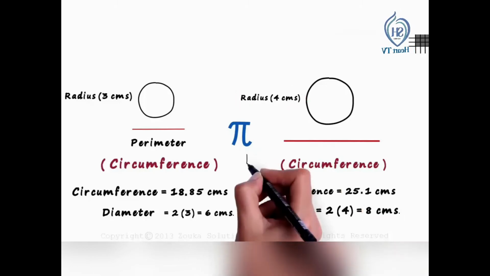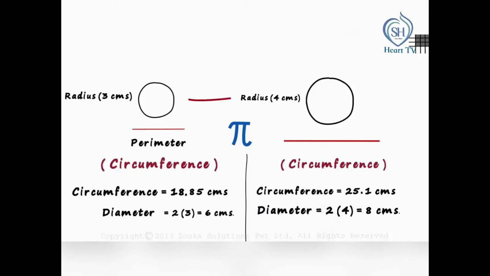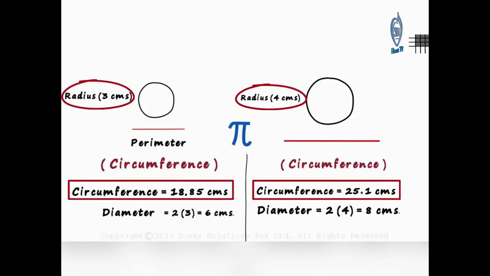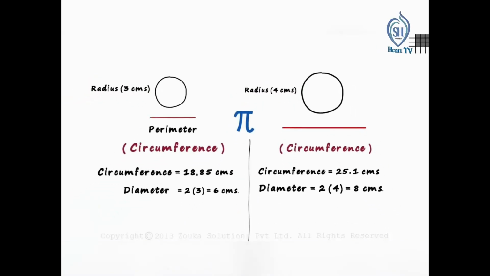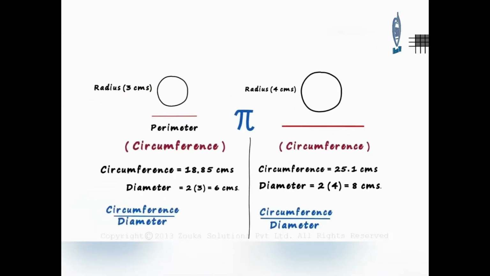We looked at two different cases here. One circle with 3 as a radius and another with 4 as a radius. In both cases, we calculated the circumference and the diameter. Let's zoom out and find the ratio of circumference by diameter in each case.